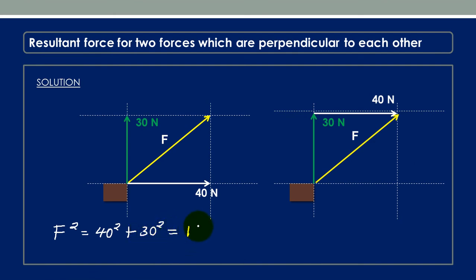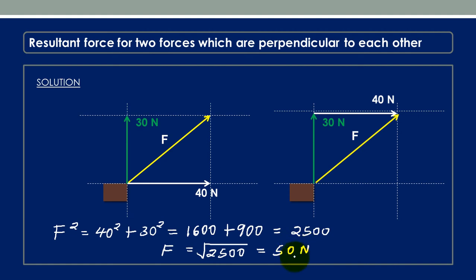40 squared is 1,600, while 30 squared is 900, and that gives me 2,500. In order to get F, I will simply get the square root of 2,500, and this gives me 50 newtons.